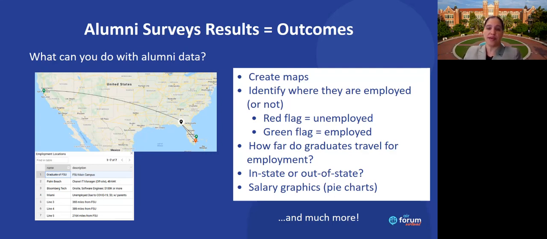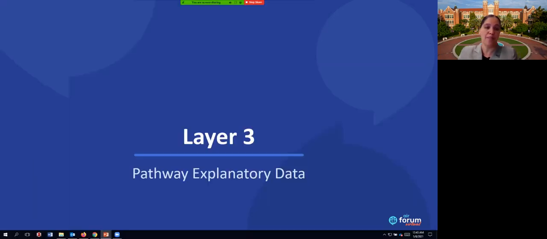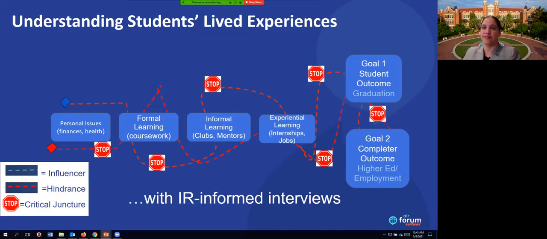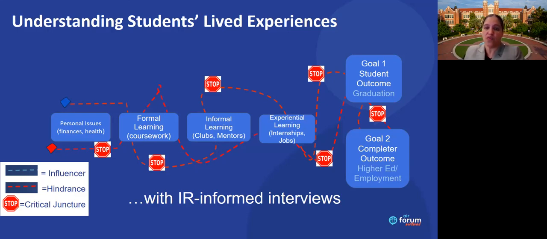So far we have the IR data, we have the employment data, and now let's see what comes next. Remember, we talked about pathway explanatory data. Backtracking is truly about understanding students' lived experiences. What hindrances did they have on their way to accomplishing their graduation goal, and how did they overcome these obstacles or setbacks?